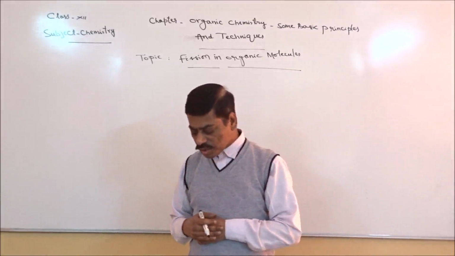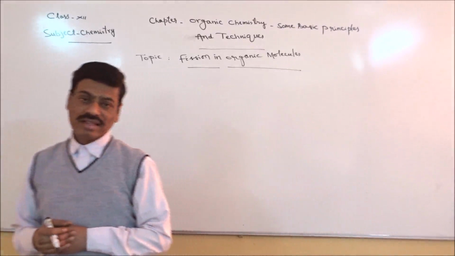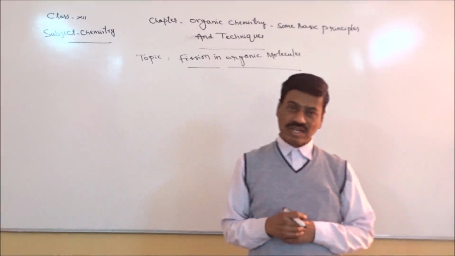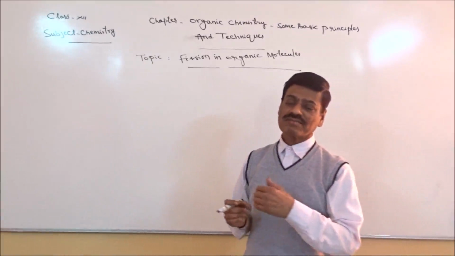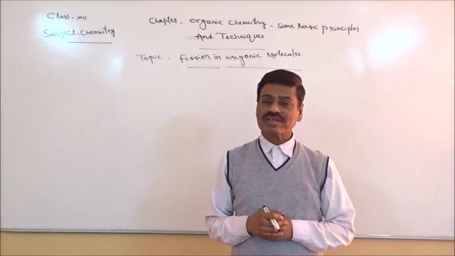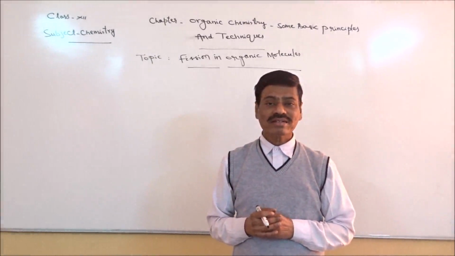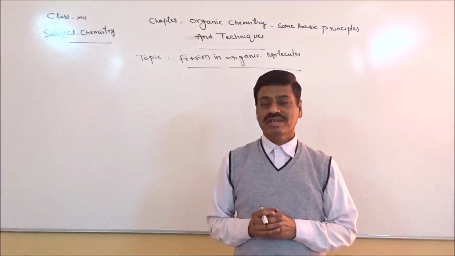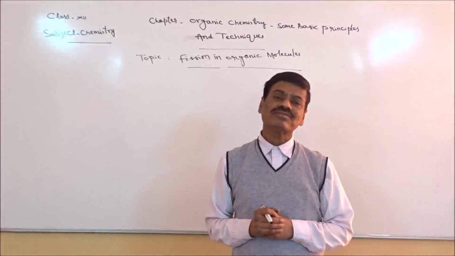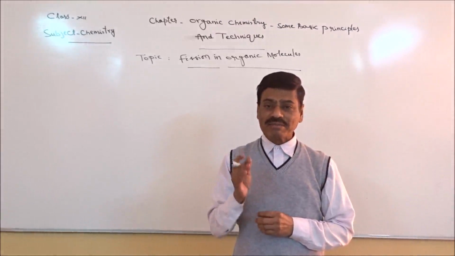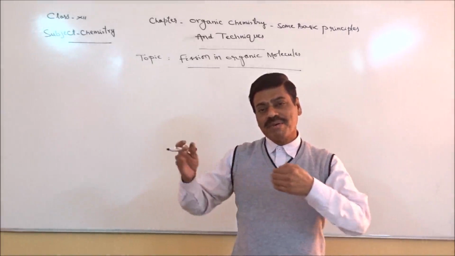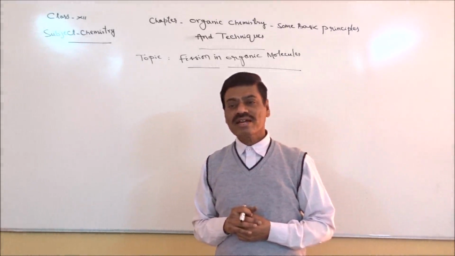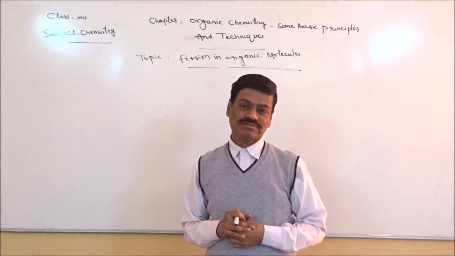Next, during fission, instead of the electron pair shifting completely towards one of the atoms, the electron pair is cleaved in such a way that each fragmented, separated or cleaved part will attain one electron with it.